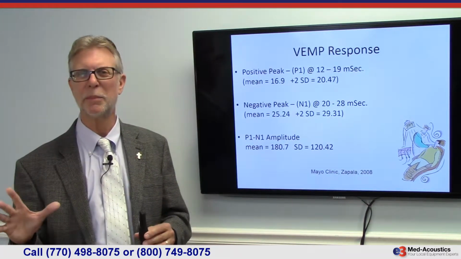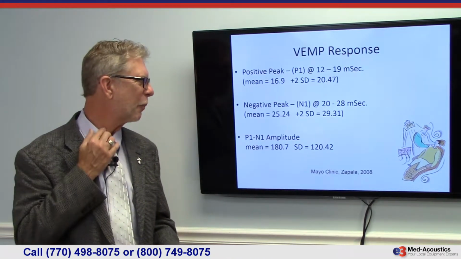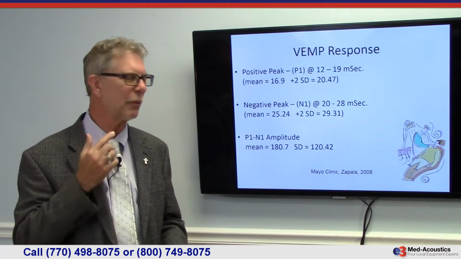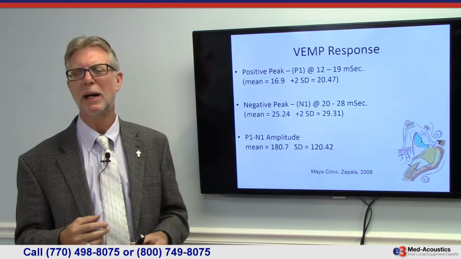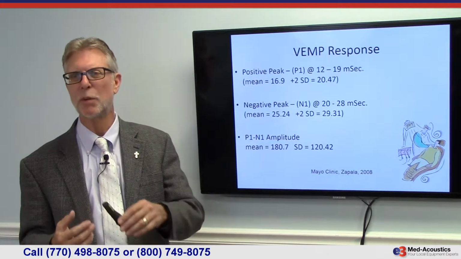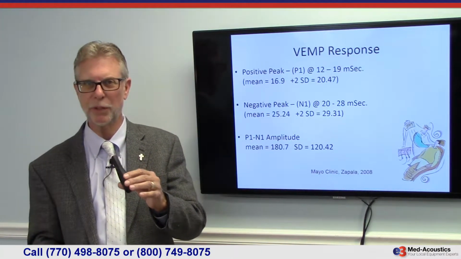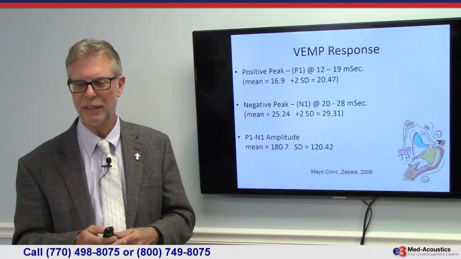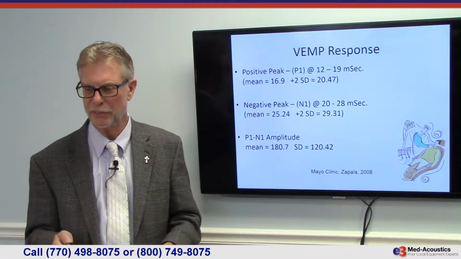I said, oh, you're going to be the subject. Because you could tell that they really had a well-defined sternocleidomastoid muscle. A lot of muscles in the neck. And so that was a tremendously big response. It was like 300 microvolts on both sides. And so that's why there's a lot of deviation between normal patients.